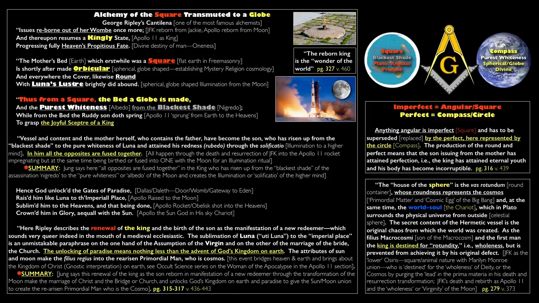And it says that the sun and the moon make the king's son into the re-arisen primordial man who is the cosmos. So what did the moon landing do? It got everyone focused on the cosmos, on space, right? That's what the primordial man is, the cosmos. And this is what all the transhumanism stuff is based off of, the idea of transforming the consciousness into technology that's based on the cosmos.